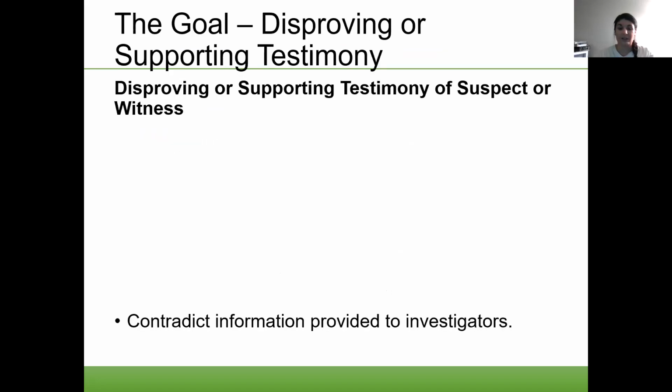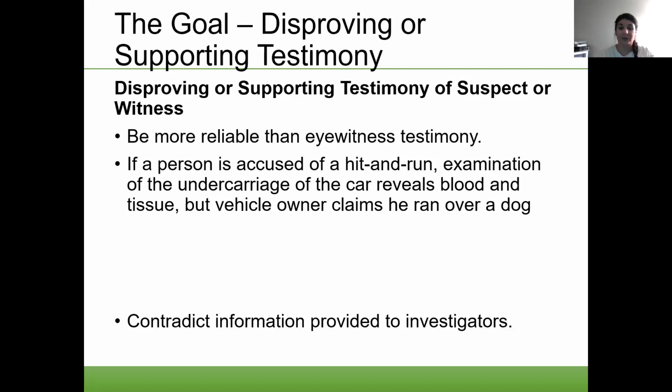Disproving or supporting the testimony of a suspect or witness can be more reliable than eyewitness testimony. If a person is accused of a hit and run, examination of the undercarriage of the car can reveal blood and tissue, but the vehicle owner claims he ran over a dog.